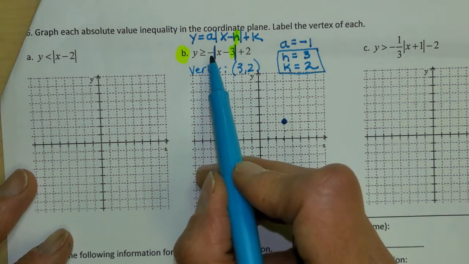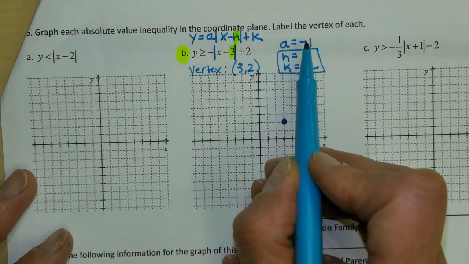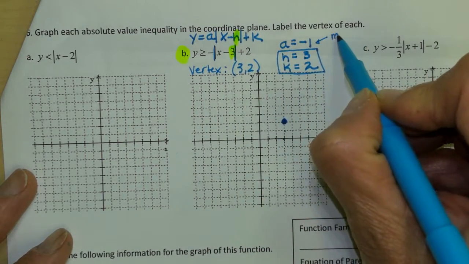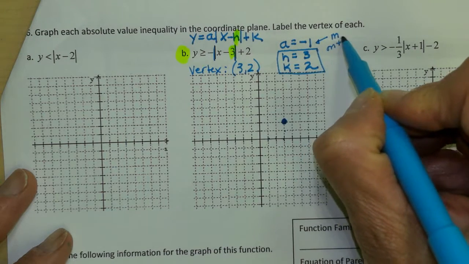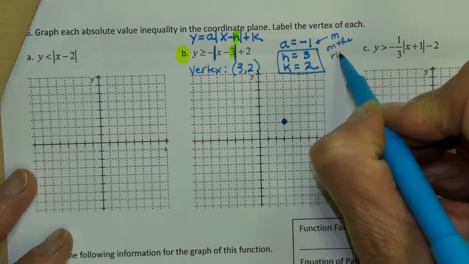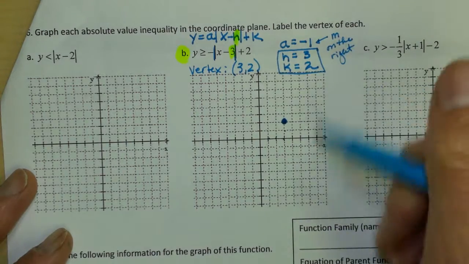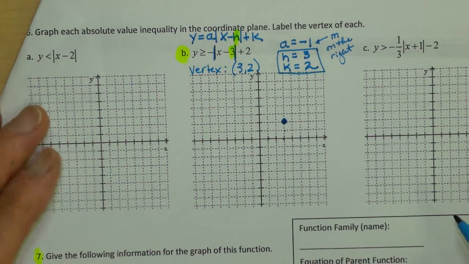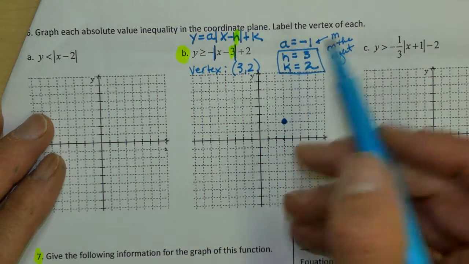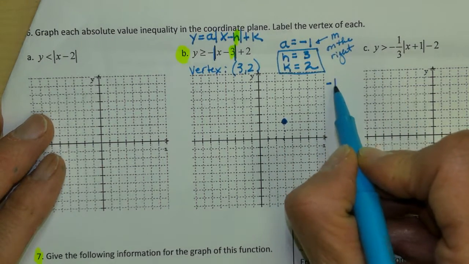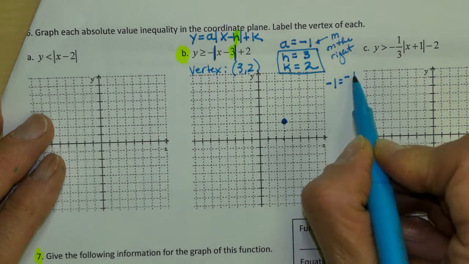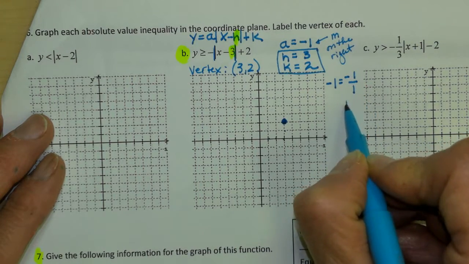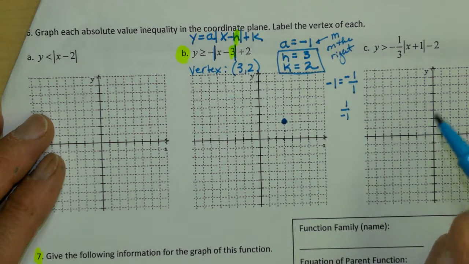I know that my slope, which is a, is -1 on the right side. I'm going to use m for slope on the right. This gets more complicated when we do other problems that are not absolute value functions. So another way of looking at -1 is the same as -1 divided by 1, or I could think of it as 1 divided by -1.